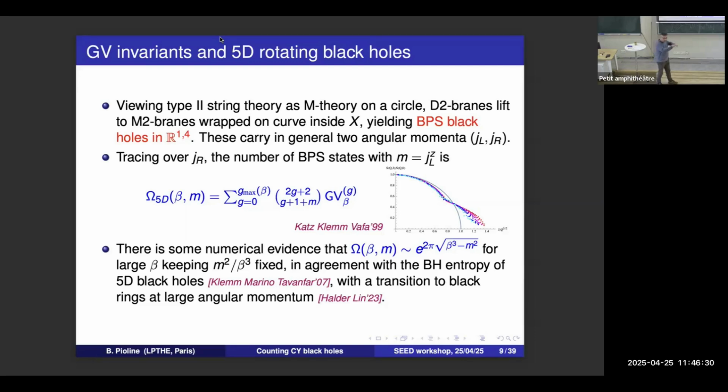But if you try to probe a little bit more, you'll see that there are also some deviations. And in fact, there are some interesting transitions between black holes and black strings. Just to give you a hint that in general, controlling the growth of these is a complicated problem. And in some cases we have numerical data, but it's hard to probe unless you have some sharp prediction like those coming from modularity.